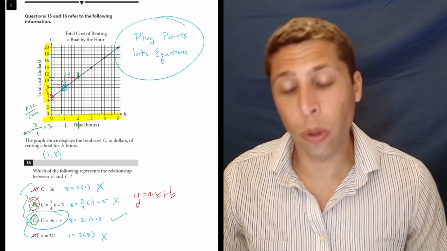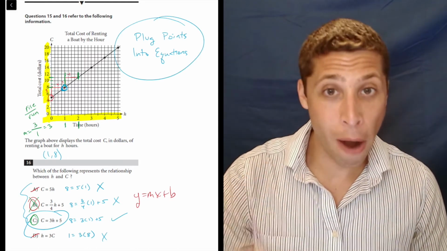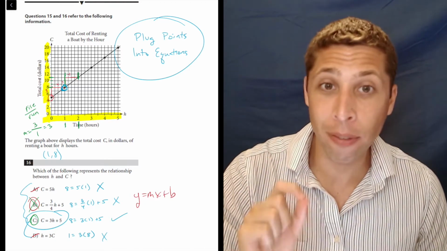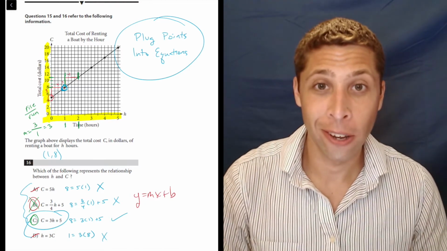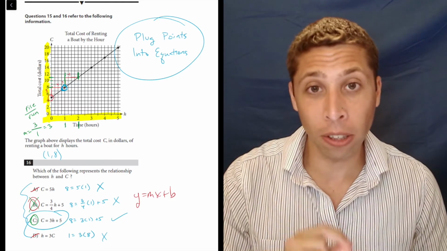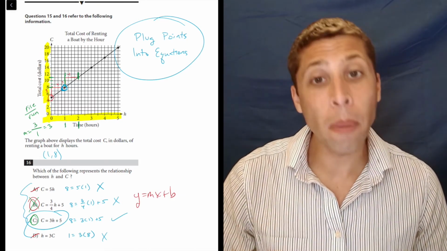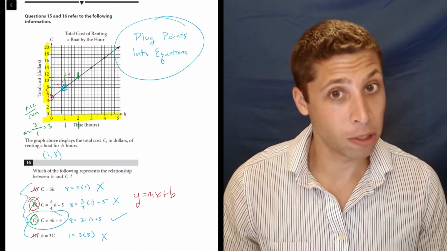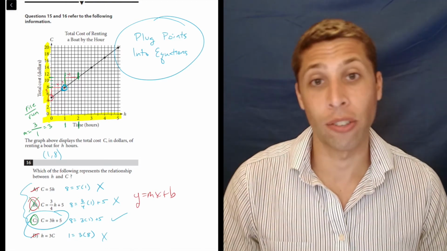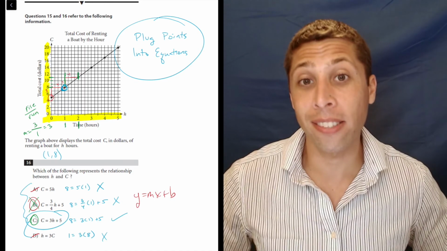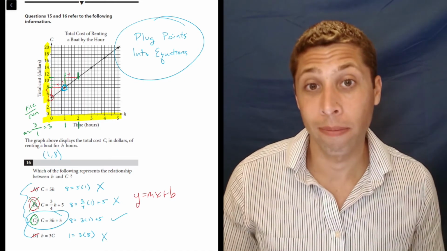Plugging points into equations is one of the most powerful counter moves that you have in your SAT arsenal. Okay? If you're not regularly using it, you might not be doing terribly, but you're probably opening the door to lots of careless mistakes or overthinking of questions or whatever. And so that is going to cost you in the long run.